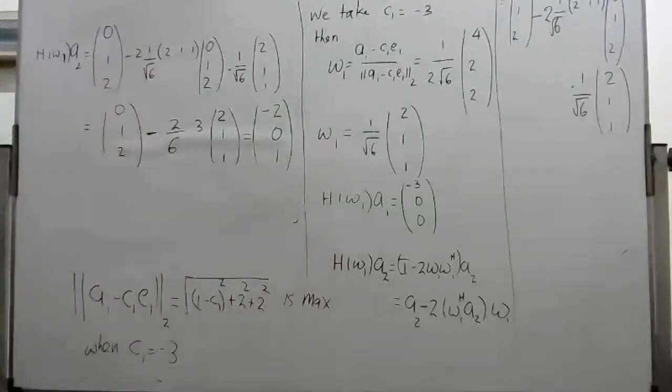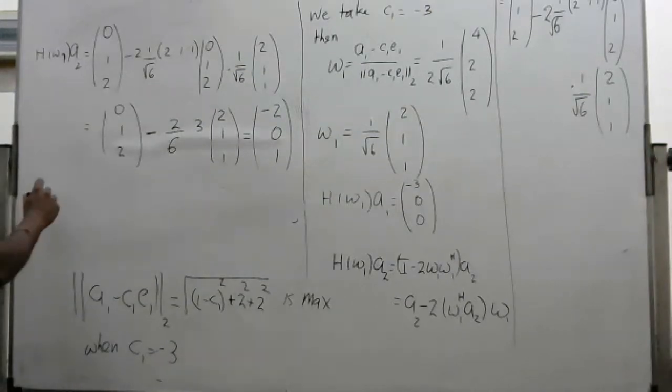So similarly, you can compute h omega 1 times A3. So that is the third row, rather.